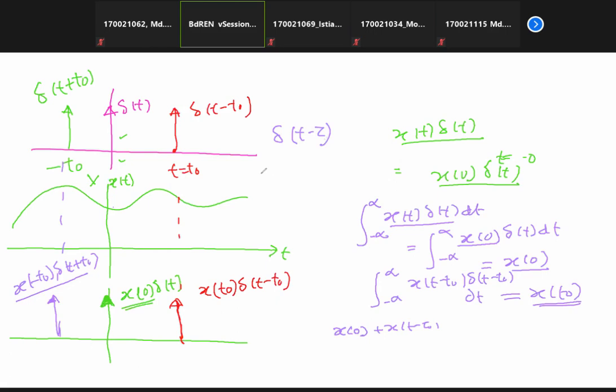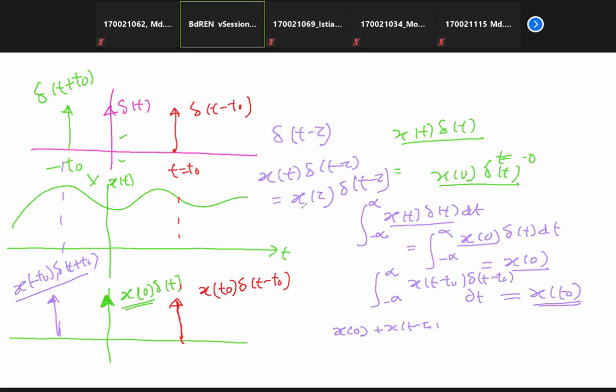If we multiply a signal x(t) with delta(t minus tau), this will be equal to x(tau) delta(t minus tau), isn't it? Yes, sir. And you see that your delta is an even function with respect to the origin, because if we shift, it will not change its shape.